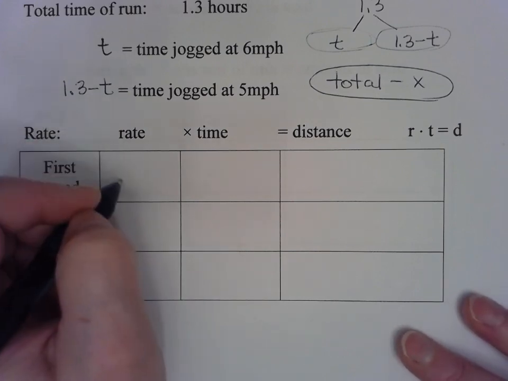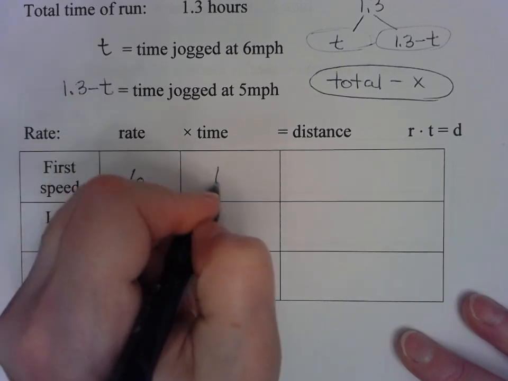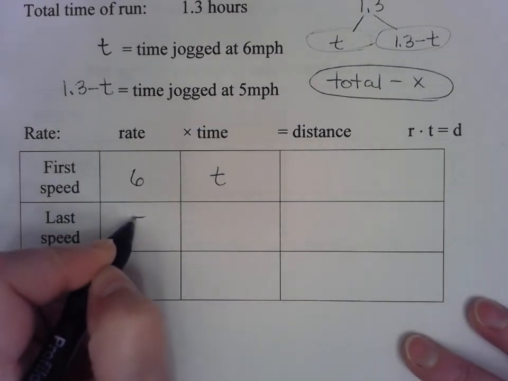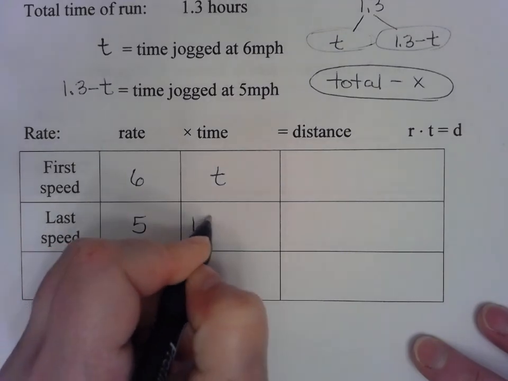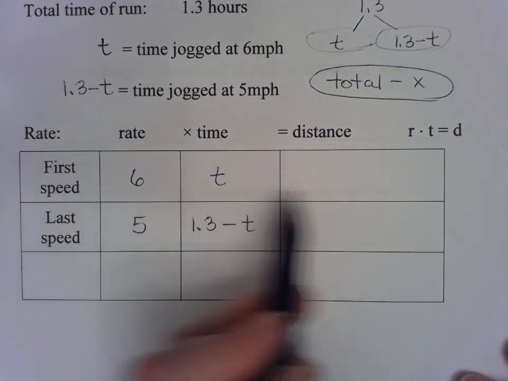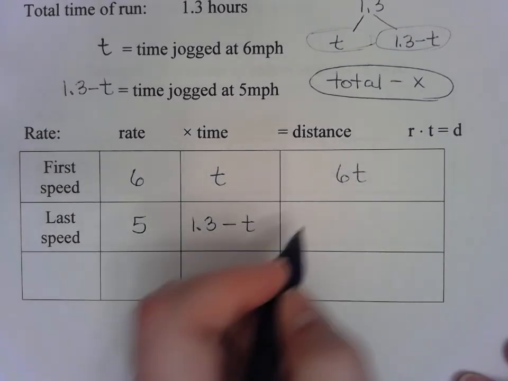So the first speed was the 6 miles an hour. We ran for t hours. The second speed was 5 miles an hour. And we're going to represent the time by 1.3 minus t. And then just like before, we're going to multiply across. So this is the distance from the first part.